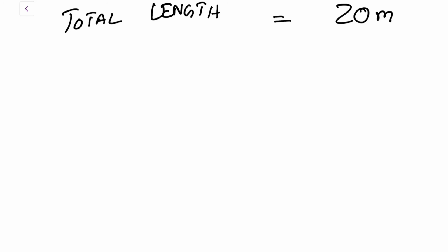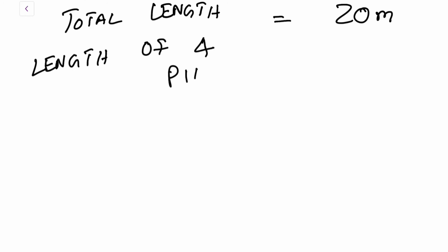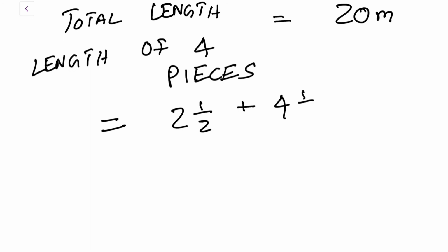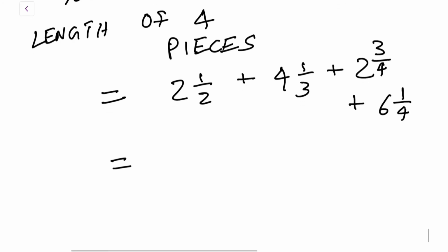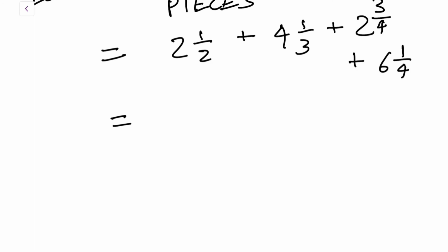So let's find the length of 4 pieces together. The first piece, they said the length is 2 1 by 2 meters. The second piece is 4 1 by 3 meters. The third piece is 2 3 by 4 meters, and the fourth piece is 6 1 by 4 meters. So all I'm doing is adding up all the lengths together.